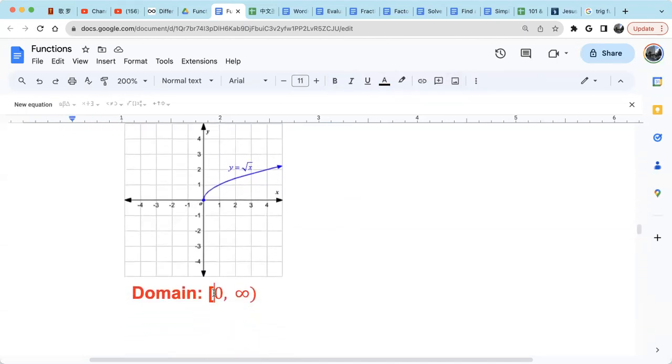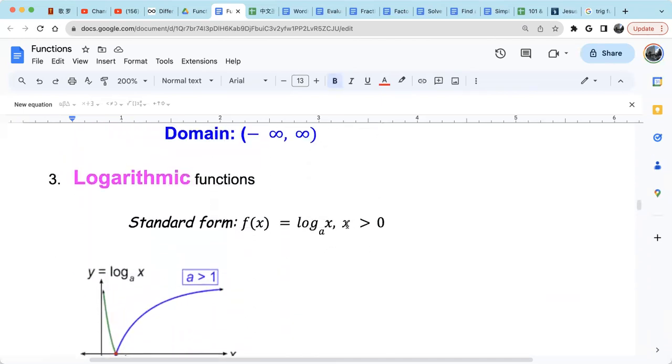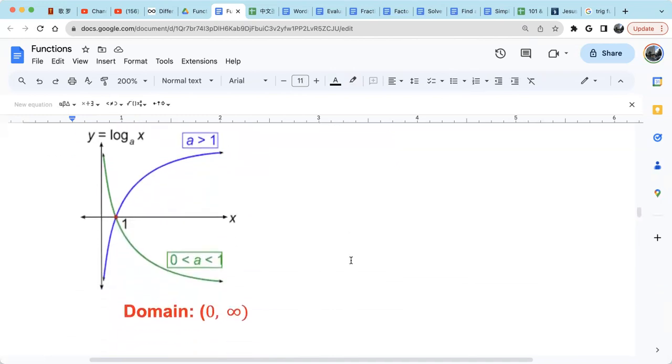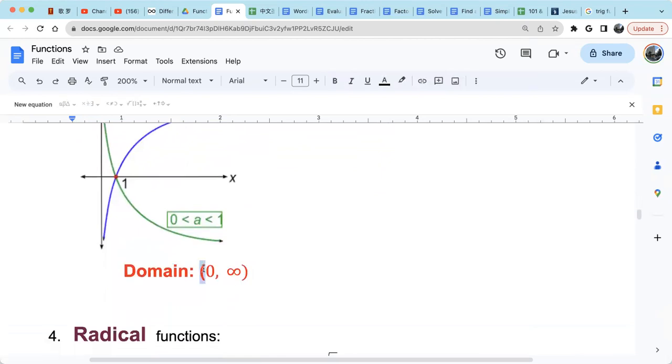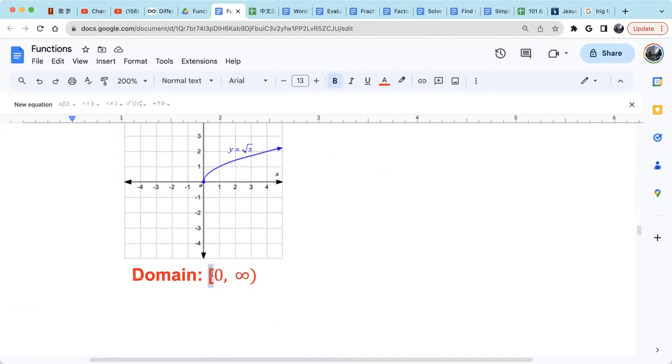Compared to log functions, which don't start from 0 but from a value bigger than 0, that's why this is a parenthesis, not a bracket. This one is a bracket, which means the domain has 0 in it.